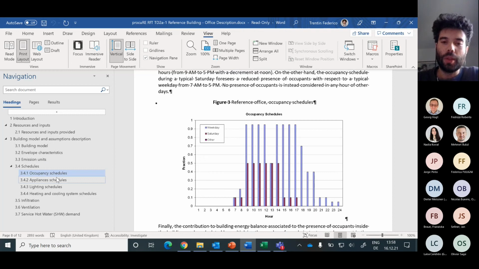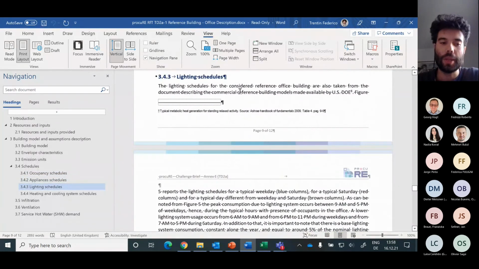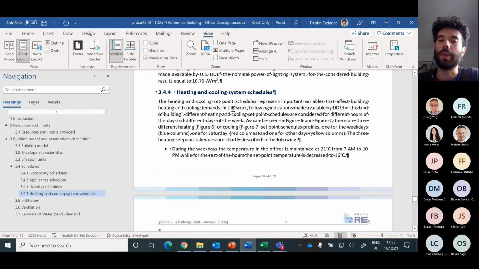The same procedure presented in this case for the occupancy contribution is also replicated for the appliances and for the lighting system.